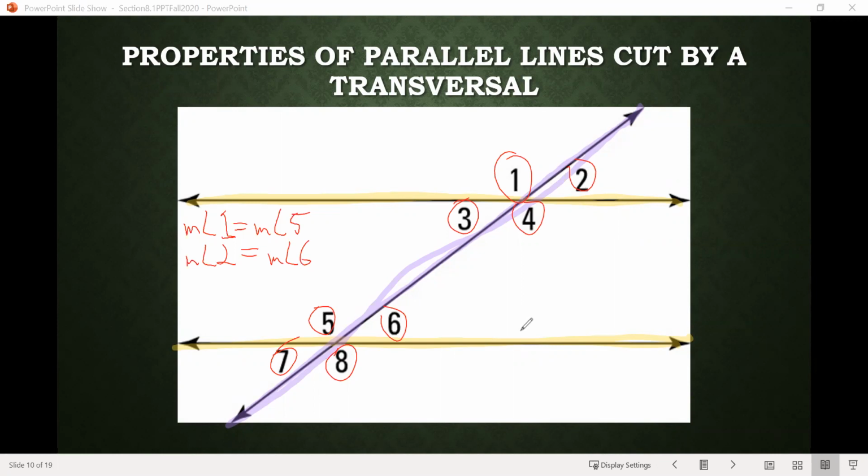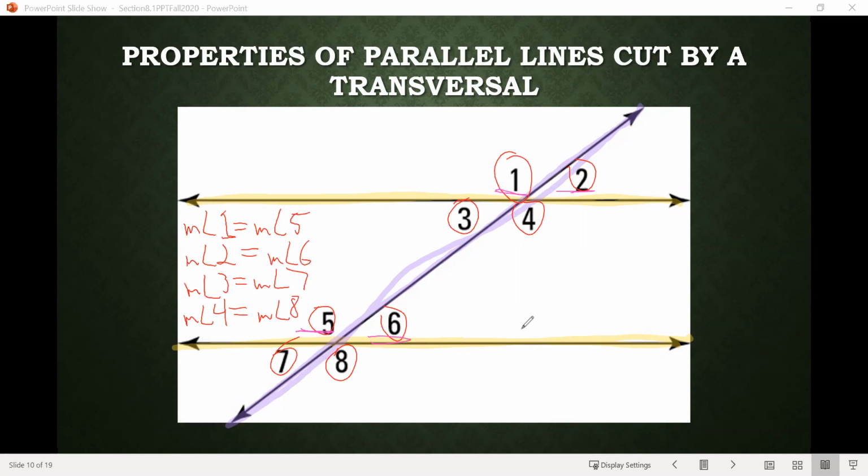The reason for each of those equalities is that 1 and 5 are in the upper left of the little diagram, and 2 and 6 are in the upper right on their lines. 3 and 7 are in the same position, so the measure of angle 3 equals the measure of angle 7. And 4 and 8 are also in the same position, so the measure of angle 4 equals the measure of angle 8.